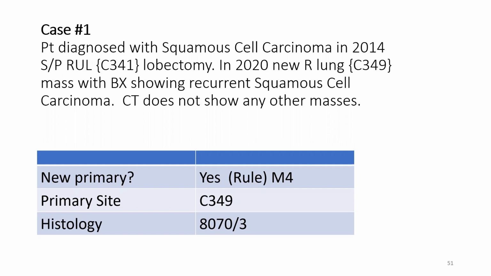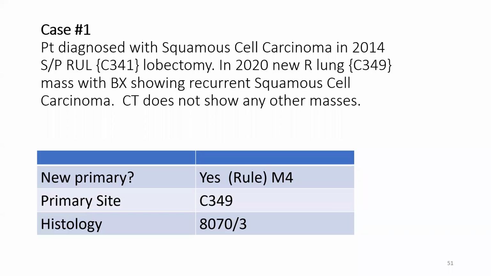Even though the doctor says this is a recurrence, note 4 in Rule M4 says the physician may state this is a recurrence, meaning the patient had a previous lung tumor and now has another lung site, but follow the rules and do not attempt to interpret the physician's statement.